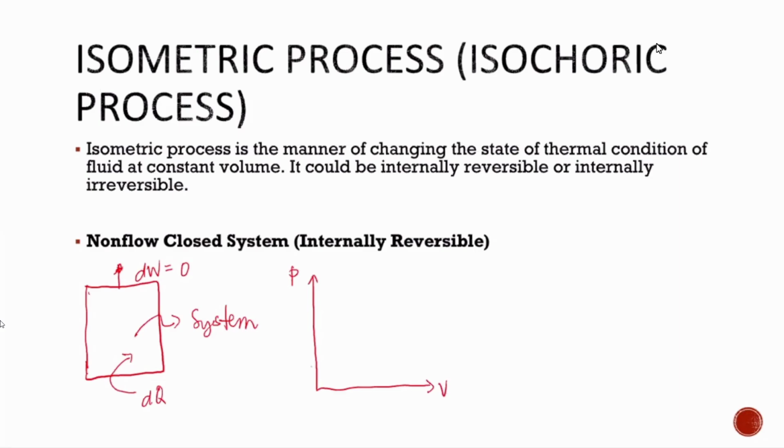Let's say we have our P1, or the pressure at state 1, and this is the volume. So at this point, this is our state 1, where we have P1 and this initial volume.